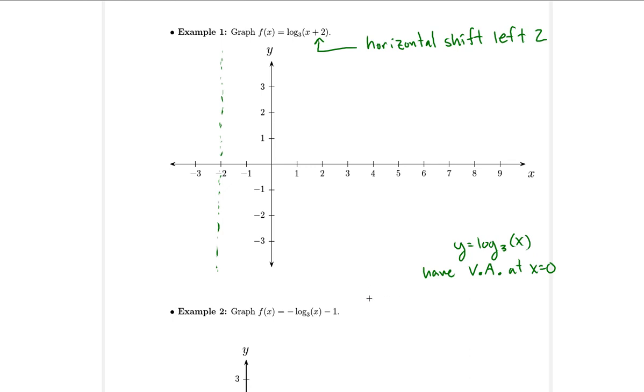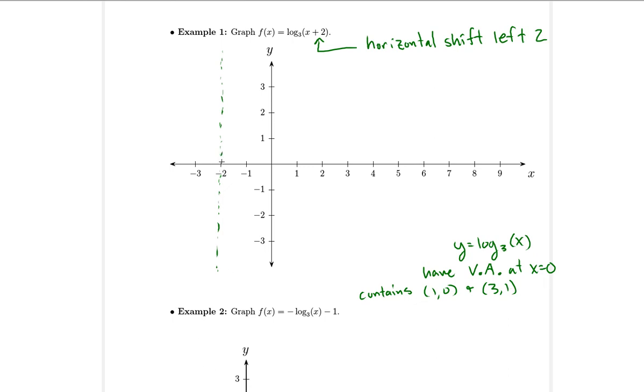And then remember what we knew about this, right? It contains (1, 0) and (3, 1), right? Those are the two points that we know for sure are on this base graph here. So the way that I would think about this is when I went over 1 from the vertical asymptote, my y was 0. When I went over 3 from the vertical asymptote, my y was 1.